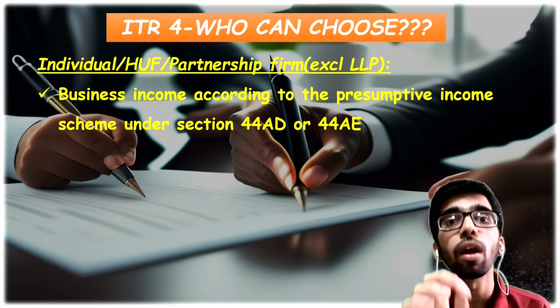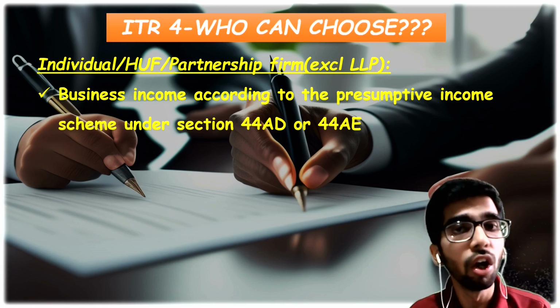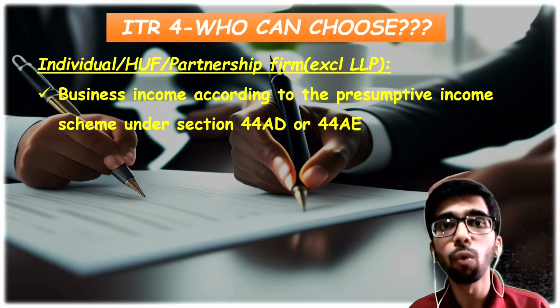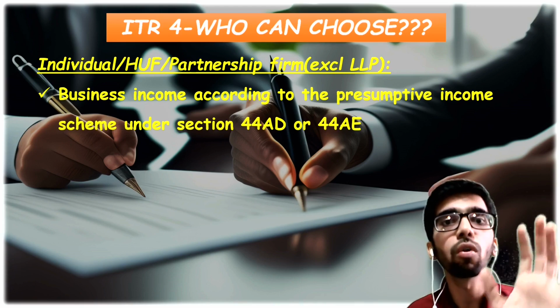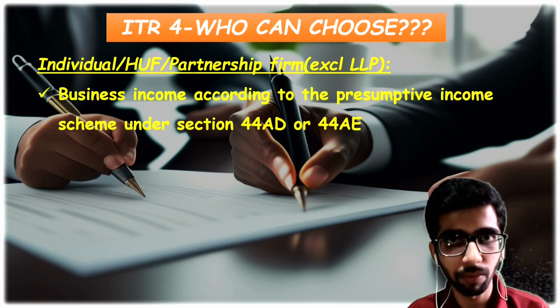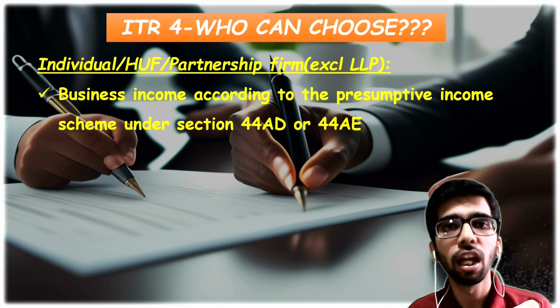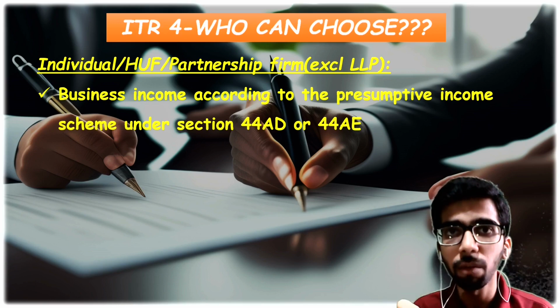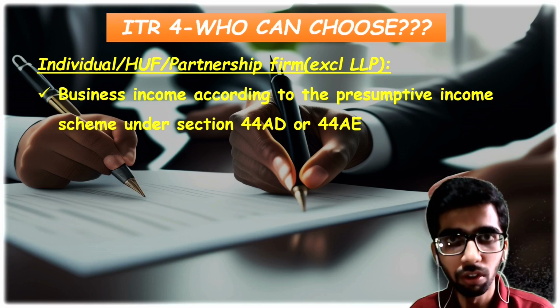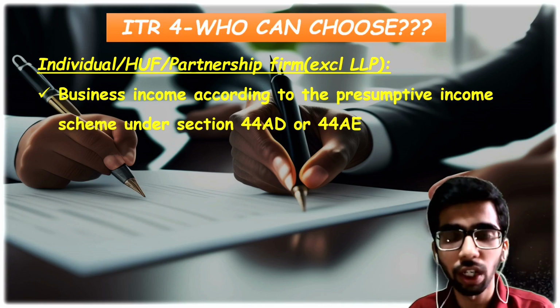You have to disclose 12 lakh income, then you can go for the 44AD scheme. If you want to show income below that 12 lakh, then you have to get your books of account audited. If you are choosing the 44AD scheme, then you have to file your income tax return through ITR 4. The due date is 31st July.